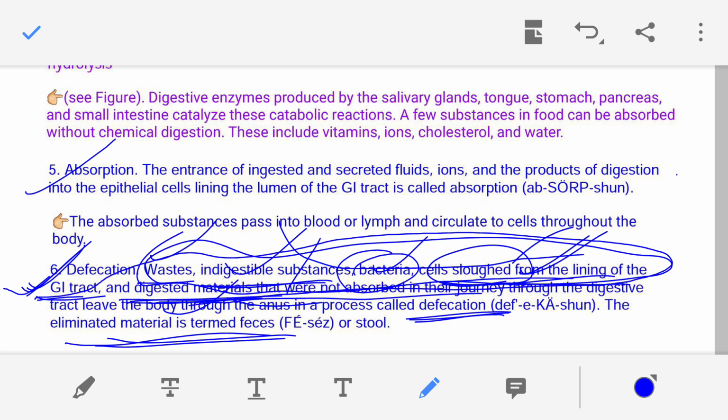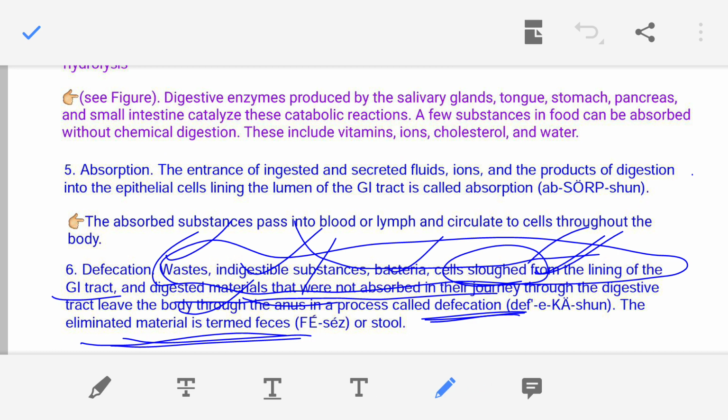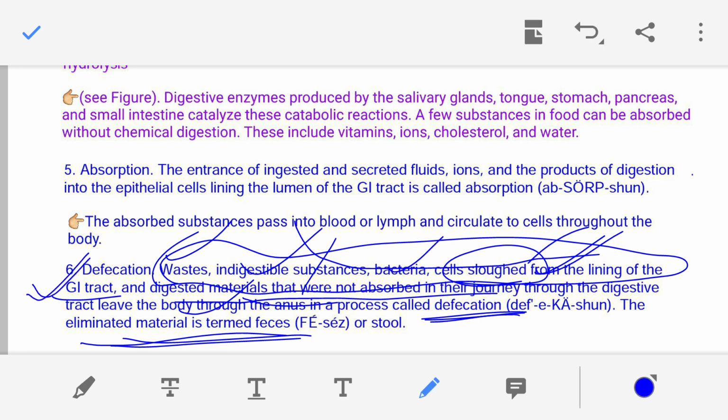All this collectively makes the feces, and the feces enter into the rectum. For some time it is stored in the rectum, and then finally from the anus we remove the feces outside our body, and that process is known as defecation.